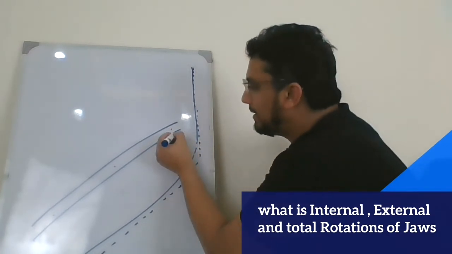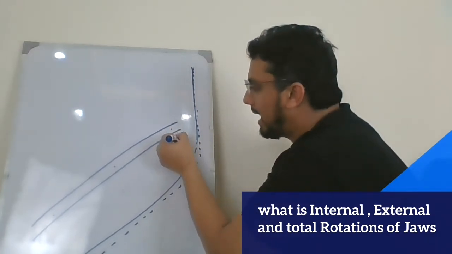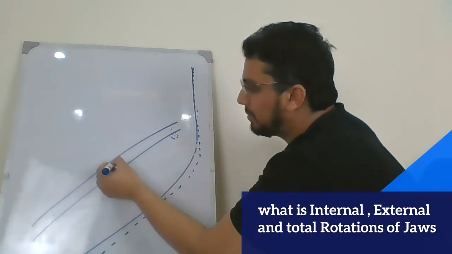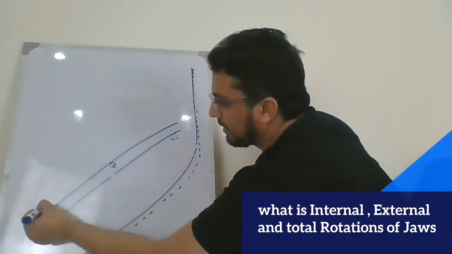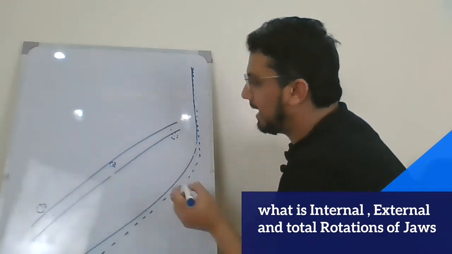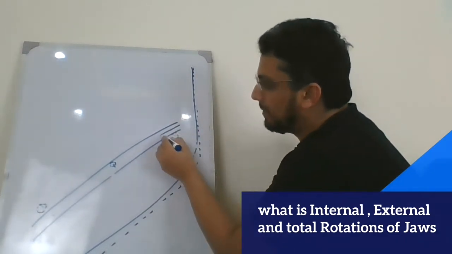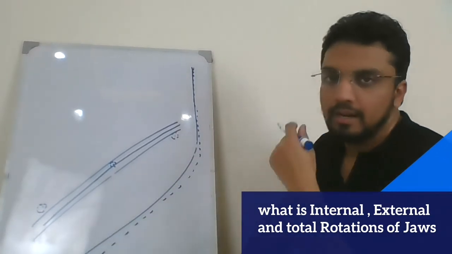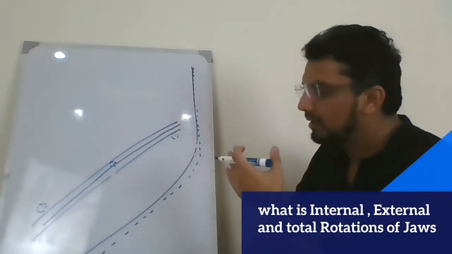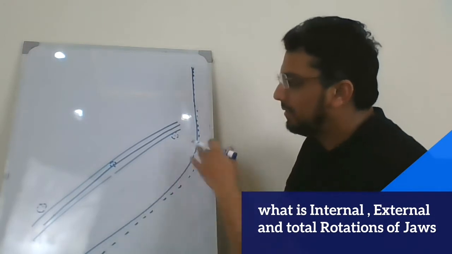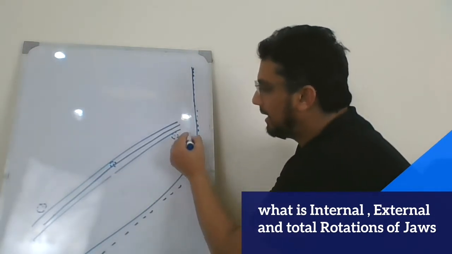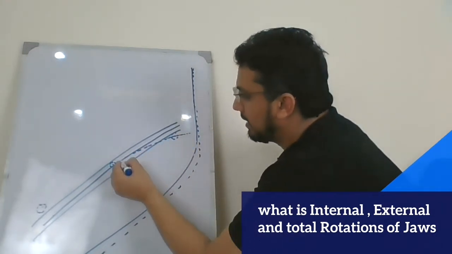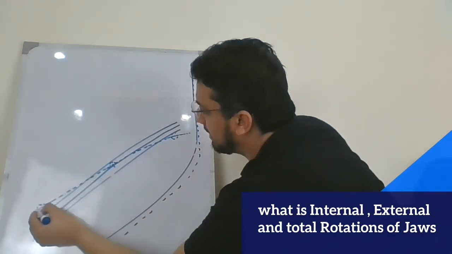Then what they studied was that the pins had changed their position, and they noticed the initial line, an imaginary line touching the metal pins, was straight, and after a few years they saw the line is like this.